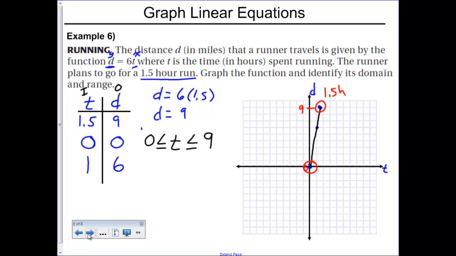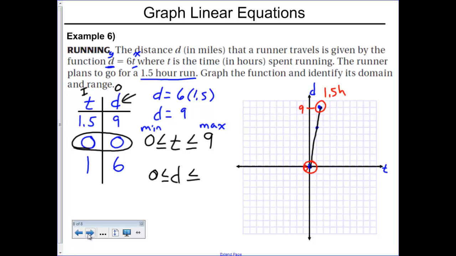So we're basically looking for a min and a max value. That's the domain, though. They want us to also tell what the range values are. The range values, again, were the distances depending on how long we ran for. So I'm going to use d. We could use y. And I know if I ran 0 hours, my minimum distance would be 0. So greater than or equal to 0.